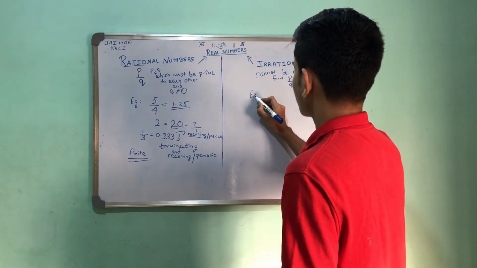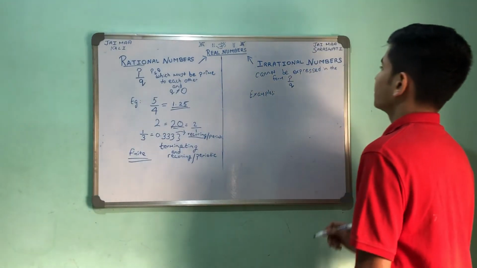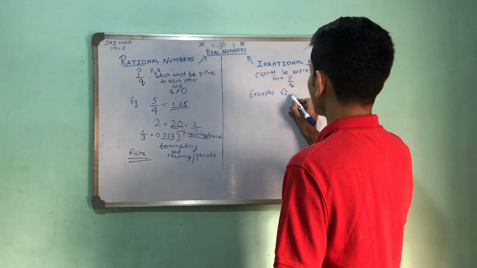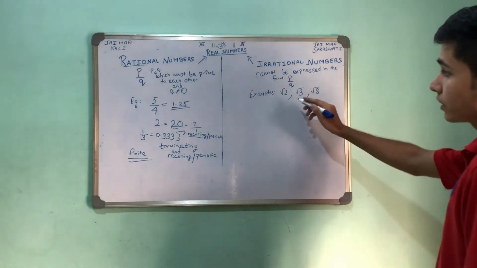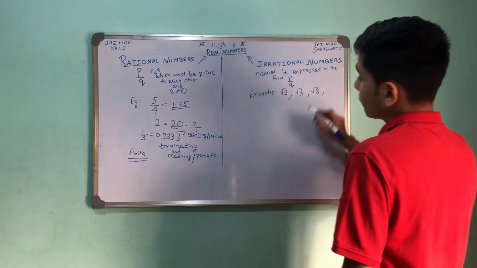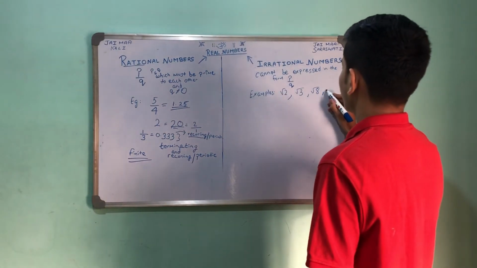Examples of irrational numbers are root over 2 or root over 3, root over 8. Numbers under the root must not be a perfect square, otherwise they become rational numbers. Or pi, you can say.